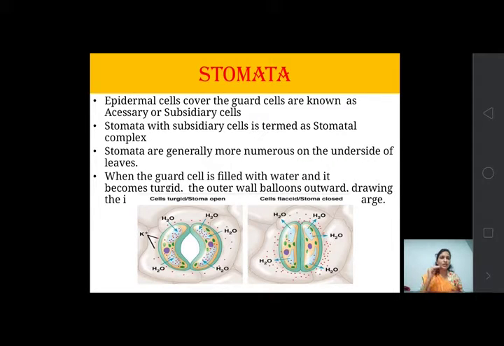Generally, stomata are found in larger quantities on the underside of the leaves. The leaf has two surfaces, upper and lower. On the lower side their number is more, as compared to the upper surface.